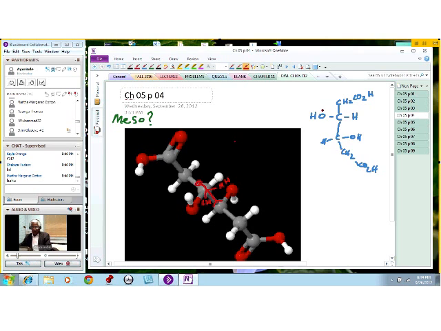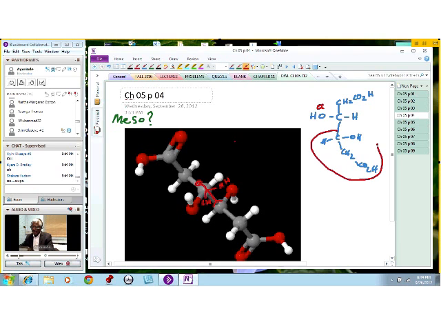What is priority A? Exactly, hydroxyl. What is priority B? This group here, carbon attached to oxygen.